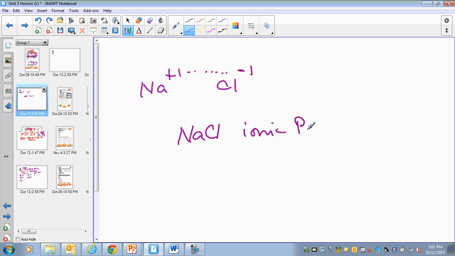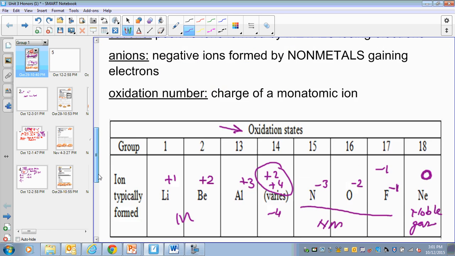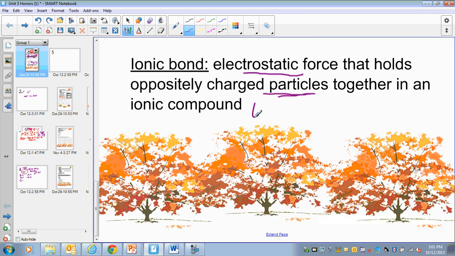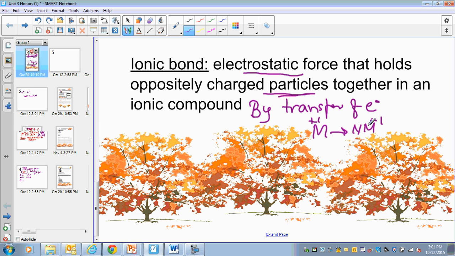An ionic bond is formed by transfer of electrons, going from metals to non-metals. Metals are going to lose electrons, non-metals are going to gain electrons. You have cations and anions, and they're held together.